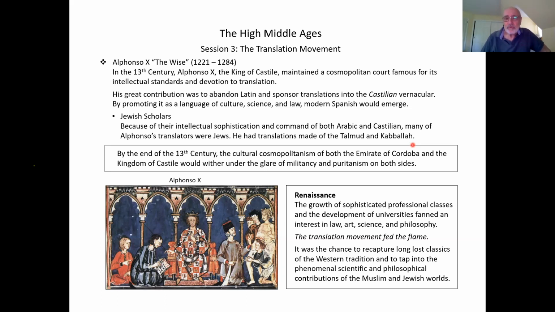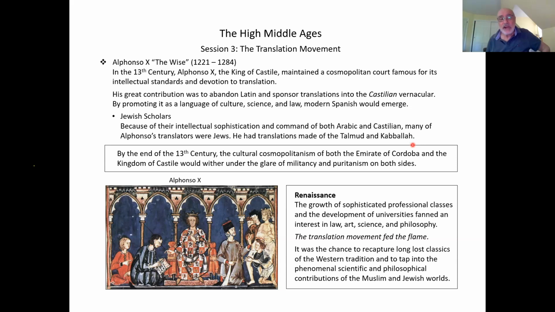So the church will not be able to enforce a suppression of intellectual renaissance, and indeed, the Italian Renaissance proves that point, but it will mean that the Christian receptivity to intellectual thought from other traditions, like the Jewish and the Arabic traditions, will become very circumscribed.